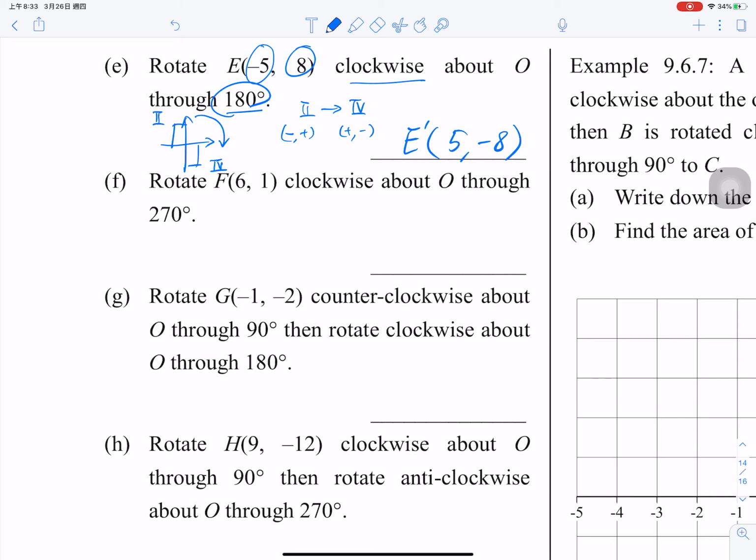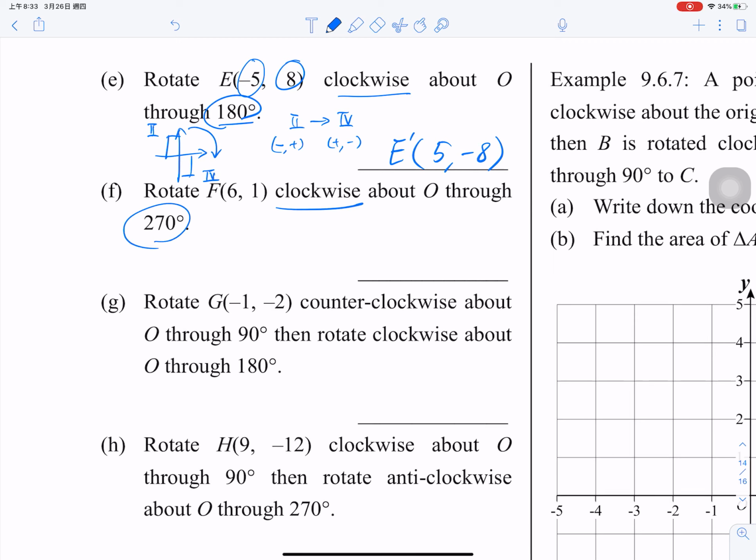Next, clockwise 270. Here is quadrant 1. Clockwise, that means, okay, so quadrant 3. No, quadrant 2, sorry. Yeah, quadrant 2.